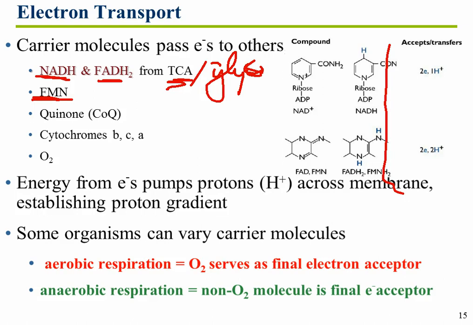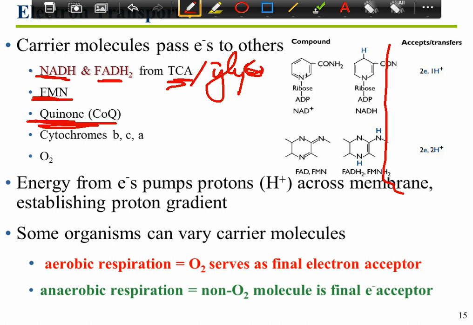It's also a variation of riboflavin, and NAD is nicotinamide adenine dinucleotide, which is also a variation of nicotinic acid, another one of the variations of the B vitamins. Okay, we also have quinone, also called coenzyme Q. And then we have the cytochromes B, cytochrome C, cytochrome A. These are iron-based organic compounds. And then finally, we'll talk about oxygen.